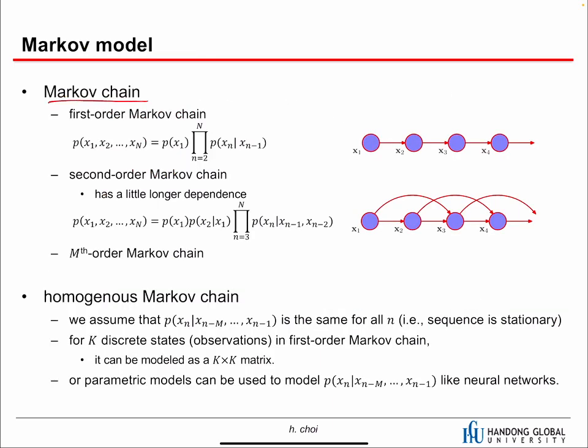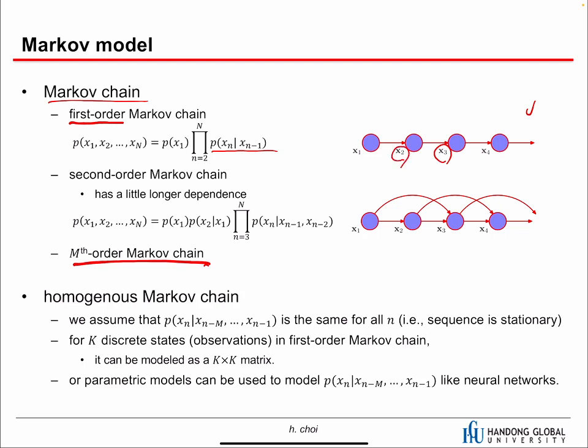So for the Markov chain, the simplest one is the first order Markov chain, and the next one is the second order Markov chain. In the first order Markov chain, instead of considering all the history, we consider just the previous one. As you can see here, when we are interested in x3, we will just check x2.